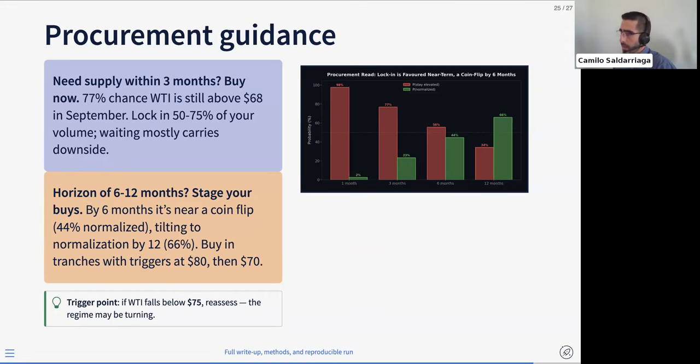If you need to procure inputs for the next 6 to 12 months, maybe it's better to stage those buys, because in the horizon of 6 months, the probability of the price being normalized is almost a coin flip, with 44%. I think this is quite nice and quite flexible, because it can be adapted to different kinds of situations. Next one.